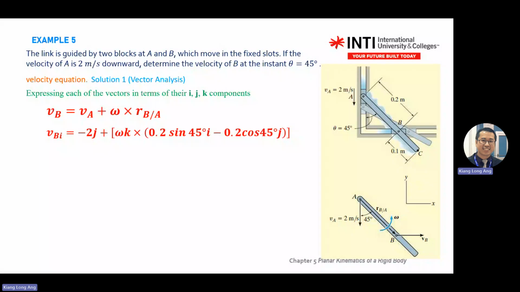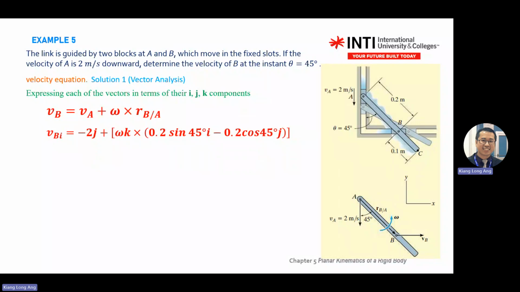If you're weak in trigonometry, practice. So from there, your x is sine theta I, your y is going down, so it is negative j.